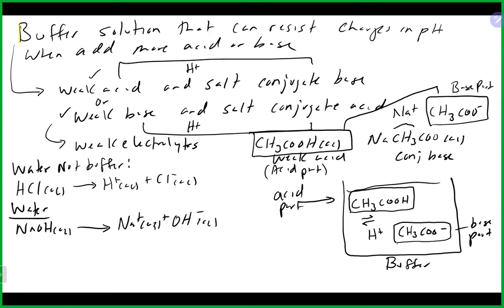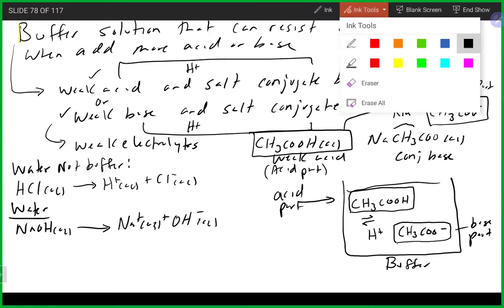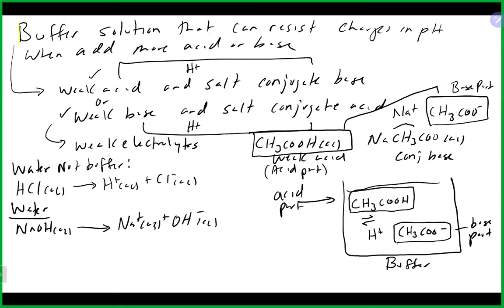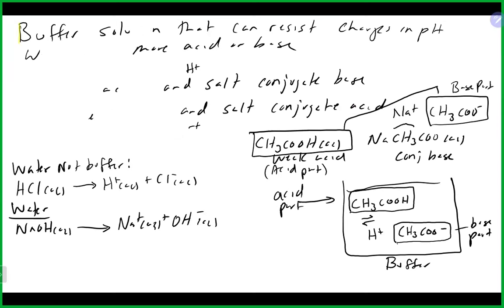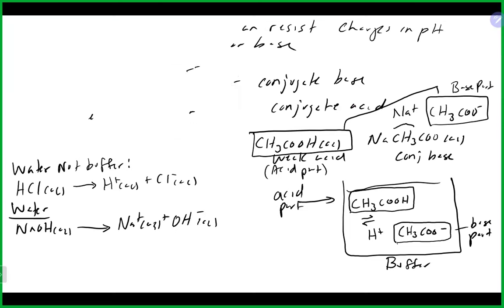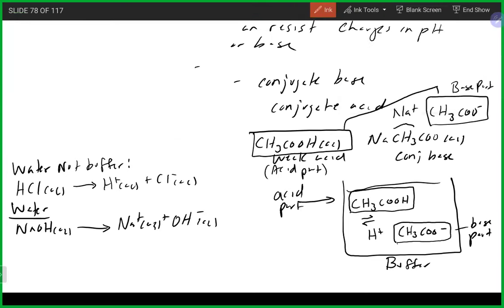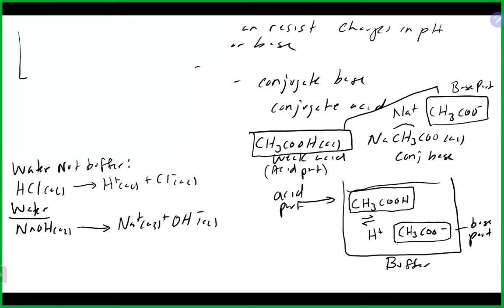So if you looked at the beaker for each of those, if you had water and you added these things to it, basically what's going to happen is, when you take your water here and you put that HCl in, 100% is going to break apart.